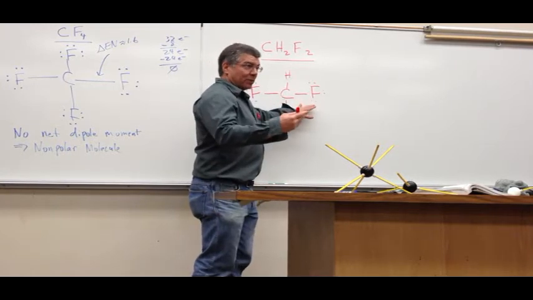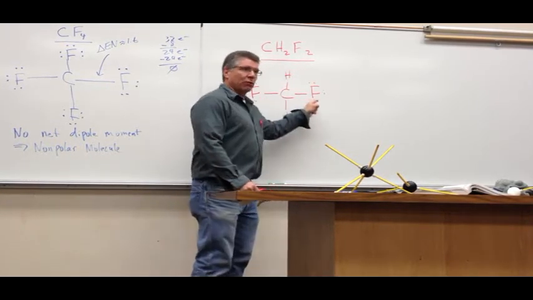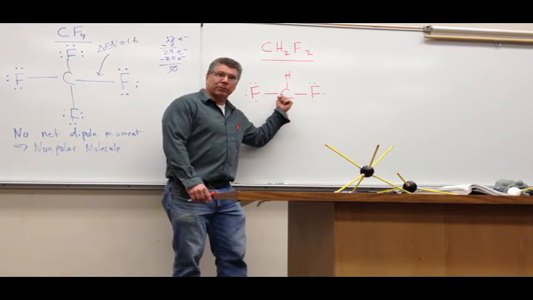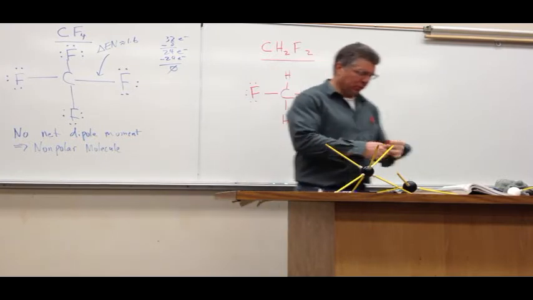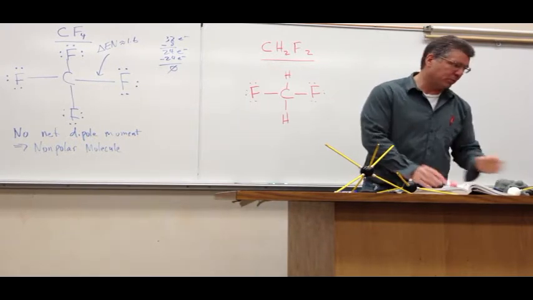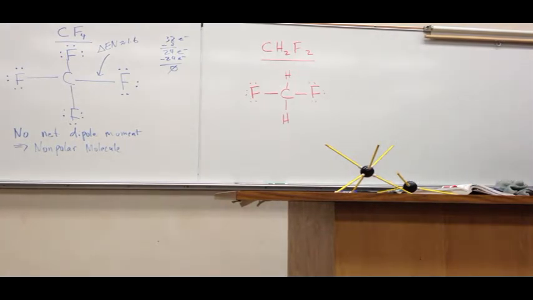Sometimes when you get in a hurry, people look at the two-dimensional drawing, and it looks like these fluorines are canceling each other out, right? And the hydrogens are canceling each other out. But if you look at the three-dimensional structure, the tetrahedral geometry, the reds will be the fluorines, let's say.